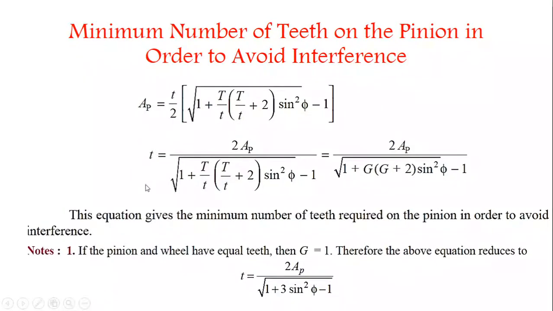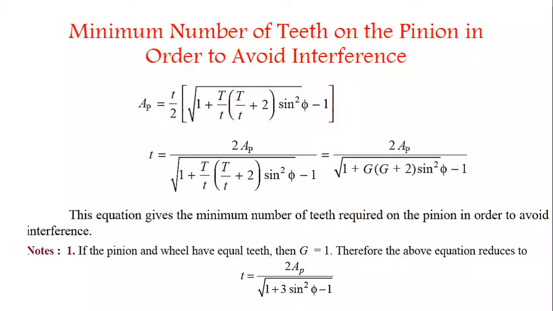Resolve this equation and now we will get small t equal to 2AP divided by square root of 1 plus capital T divided by small t into (capital T divided by small t plus 2) sine square pi minus 1.